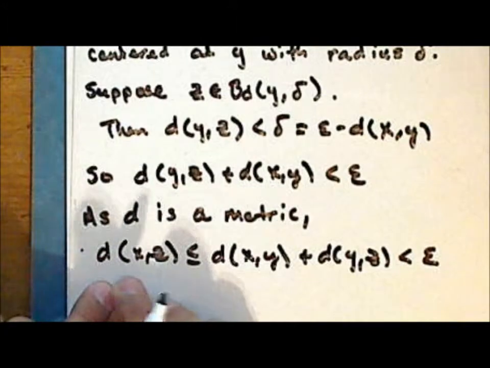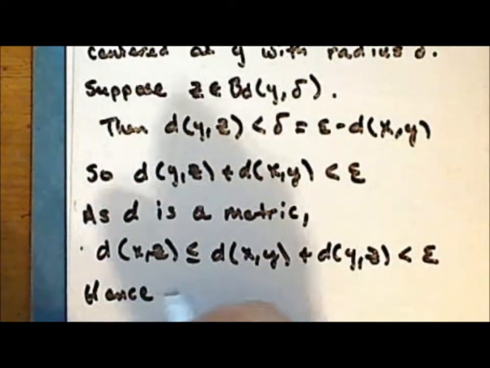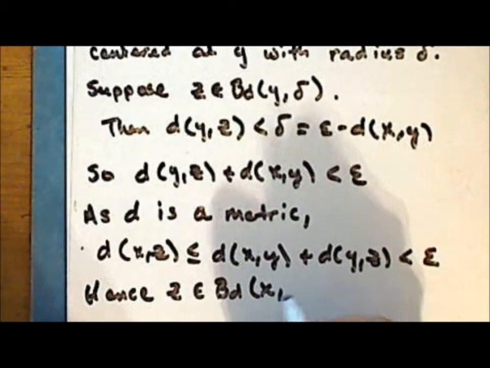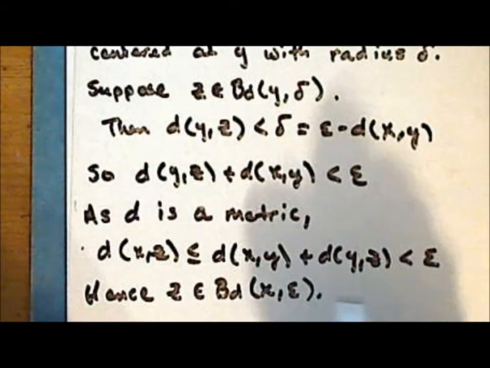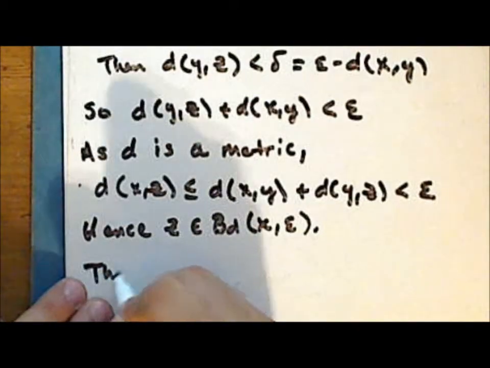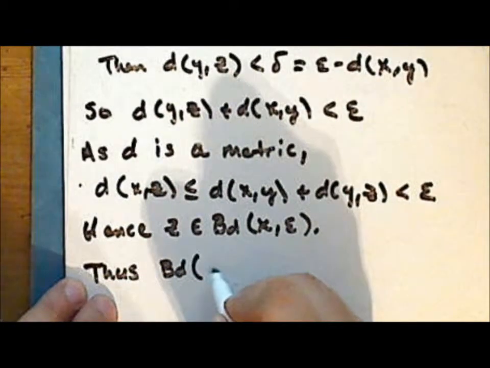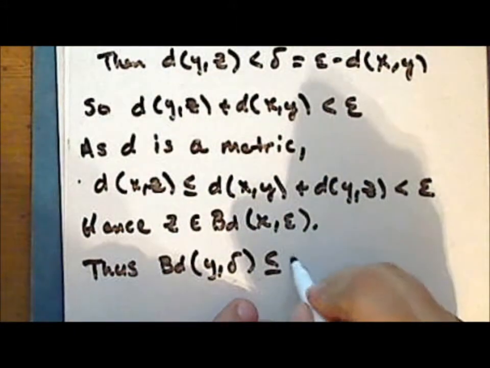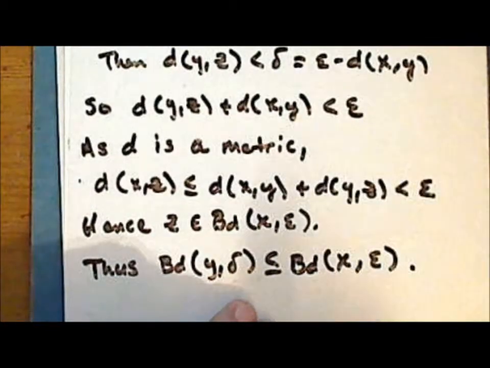So as the distance from X to Z is less than epsilon, we have that the point Z is in the epsilon ball centered at X with radius epsilon. And so the epsilon ball centered at Y with radius delta is a subset of the epsilon ball centered at X with radius epsilon.